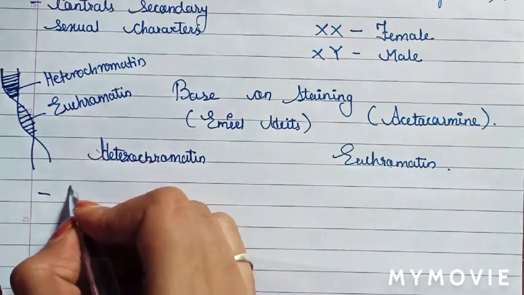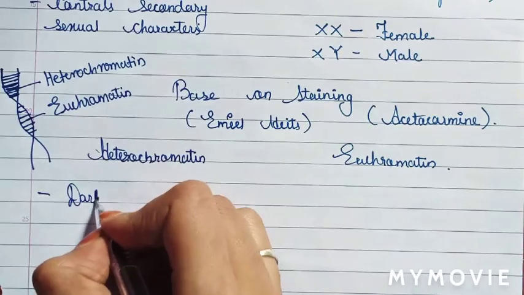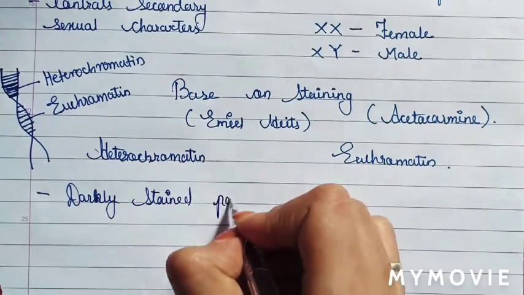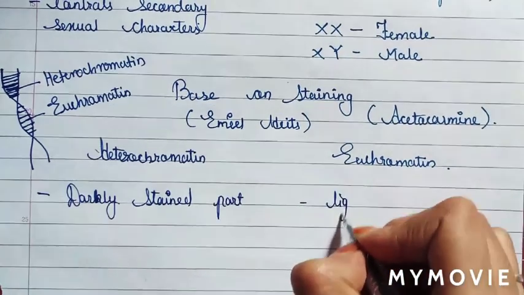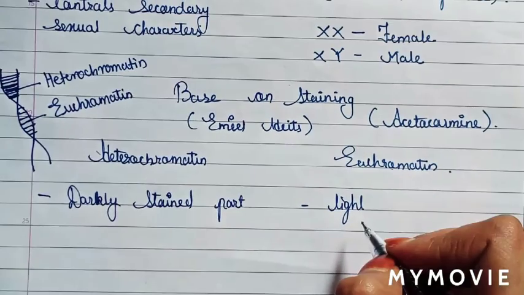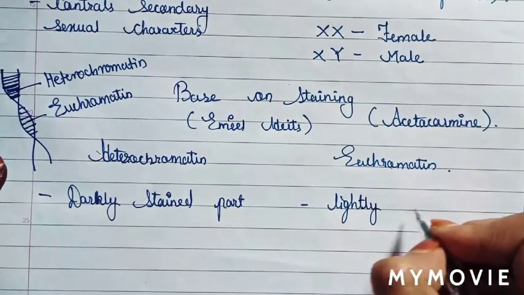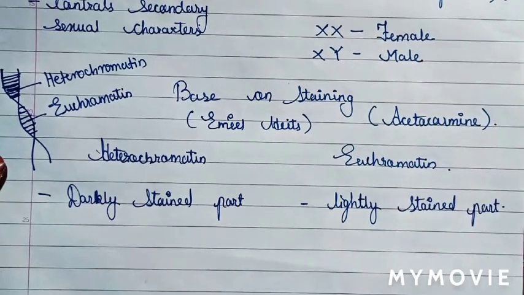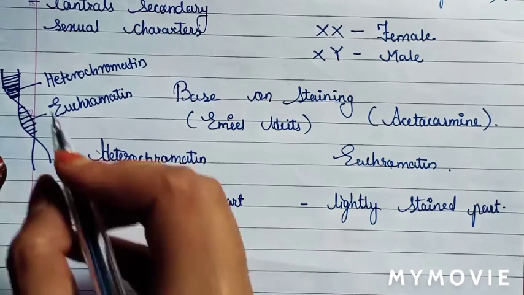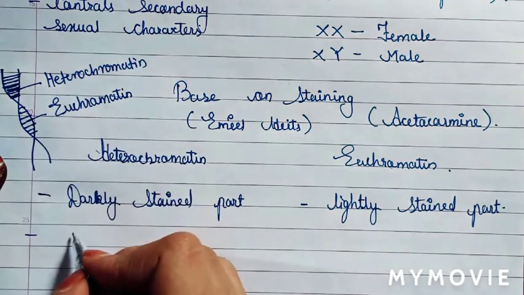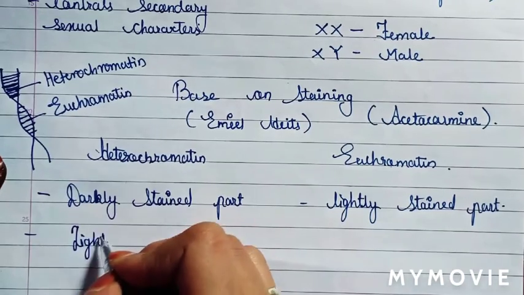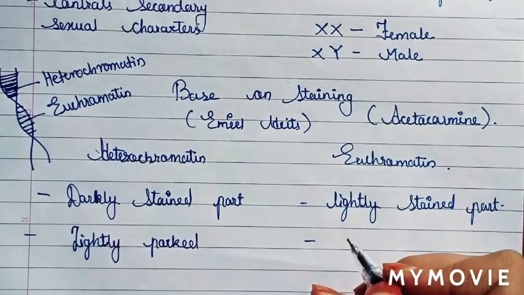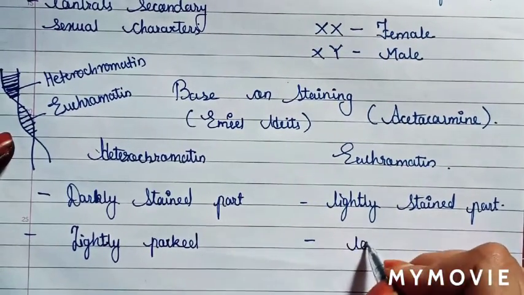So we will write here: darkly stained part, and this is a lightly stained part. Now this heterochromatin is tightly packed, and this euchromatin is loosely packed.